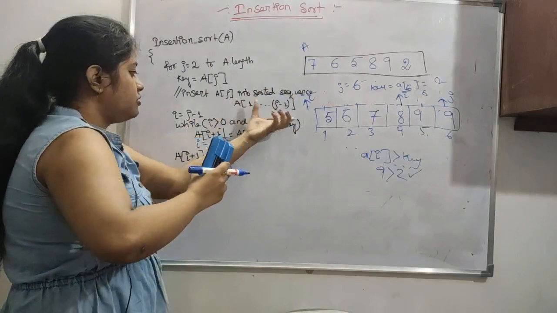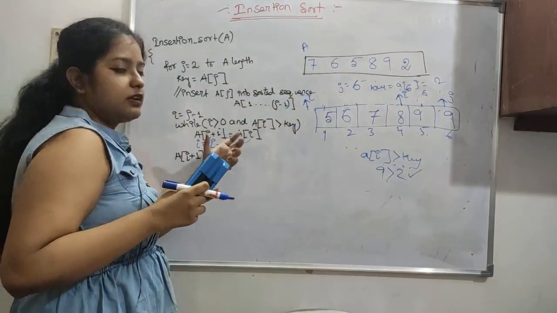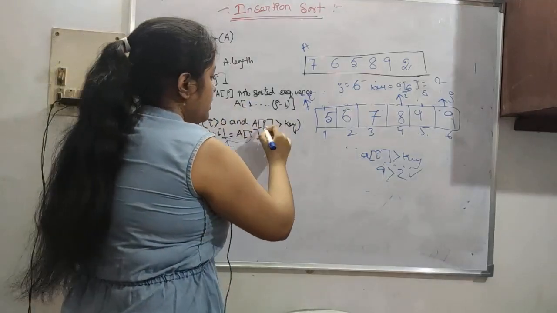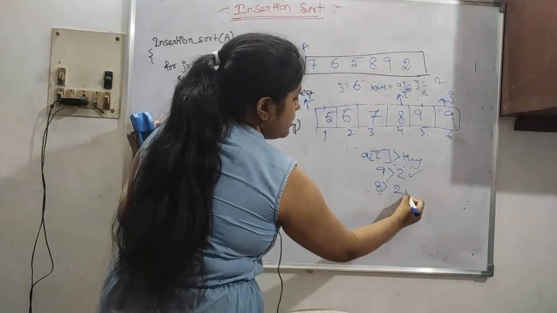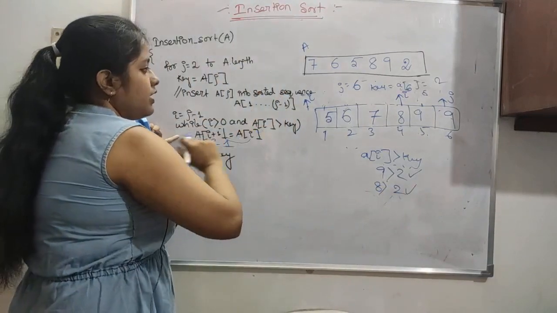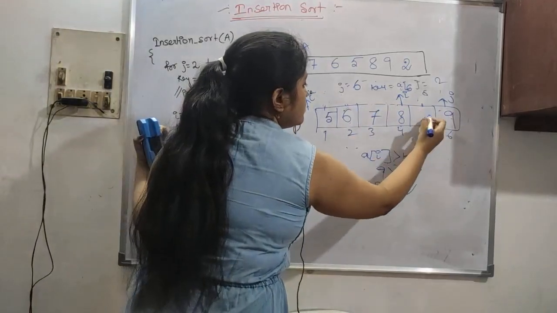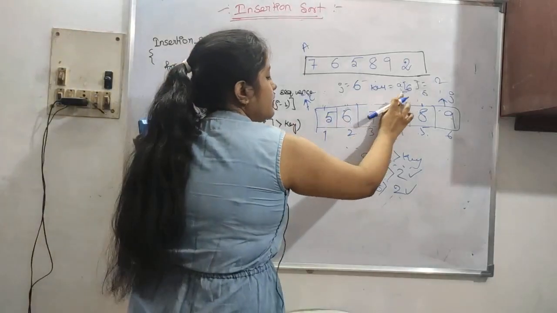See, again we have to check this loop because the condition is still intact, it is not failing. So now I is greater than 0, yes. Now A of I means 8 is greater than key, which was 2, so yes, it is true. So now A of I, this is I, will be copied to A of I plus 1, and now I is again decremented.